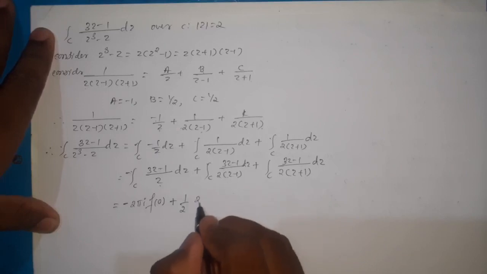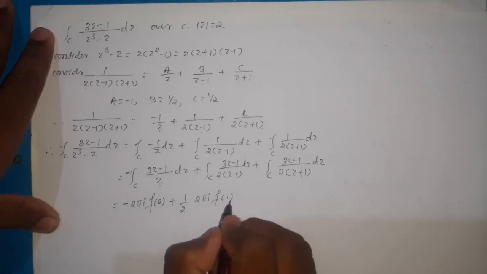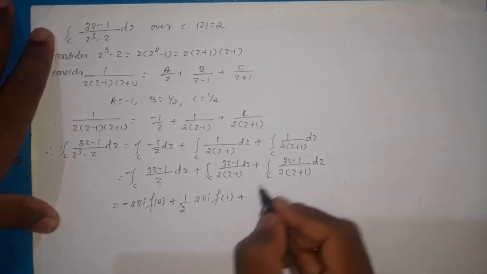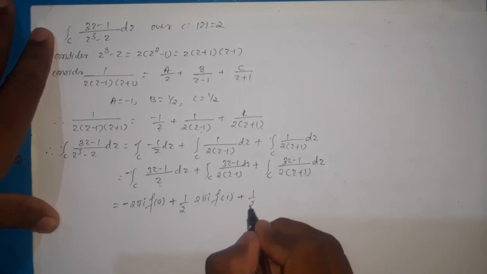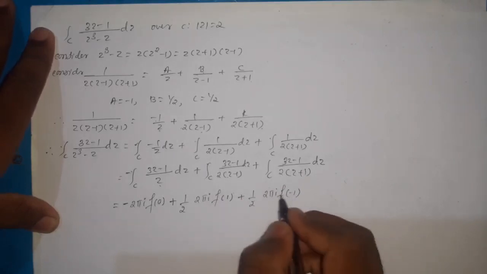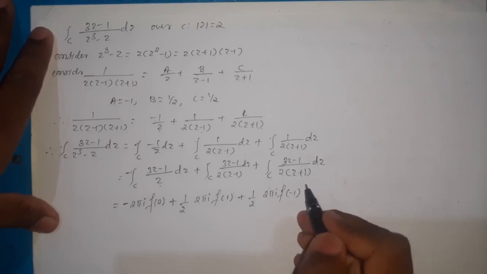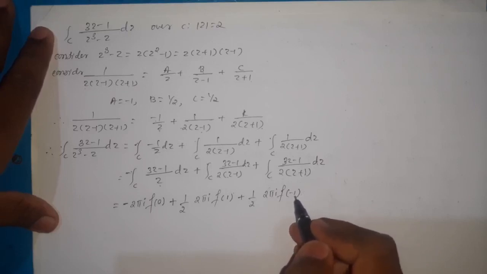Hence its value is also 2 pi i f of a, plus 1 by 2, which is a constant, then 2 pi i f of minus 1, because it is z plus 1, hence a becomes minus 1, so that is f of minus 1.